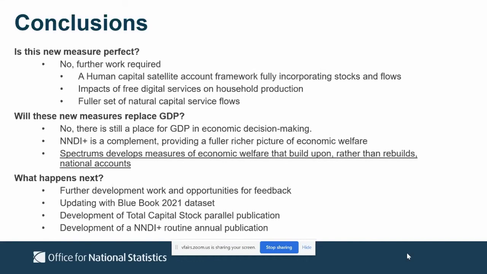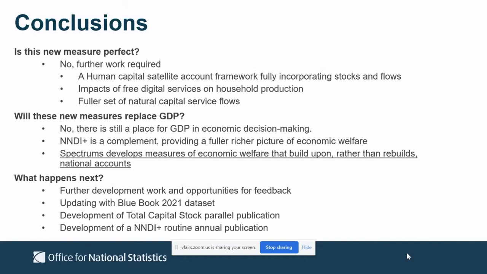What happens next? Hopefully quite a bit. As ever, this comes down to priorities, but we're going to work to continue this development. We're going to look to update with the Blue Book 21 data set. We are working towards trying to tell a more complete story on our capital stocks by bringing together a publication that puts all of these on a common parlance so we can publish them and look at them together.